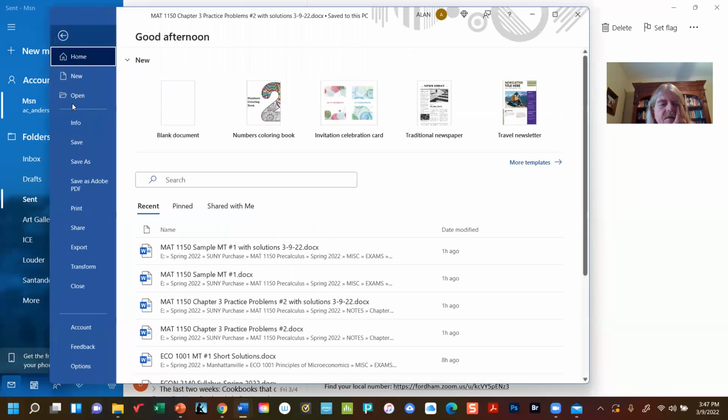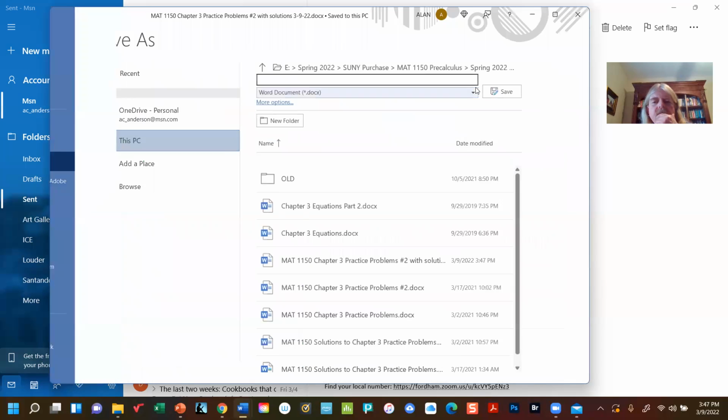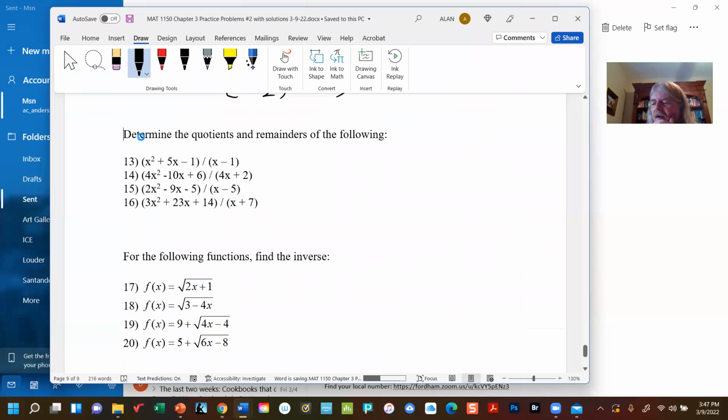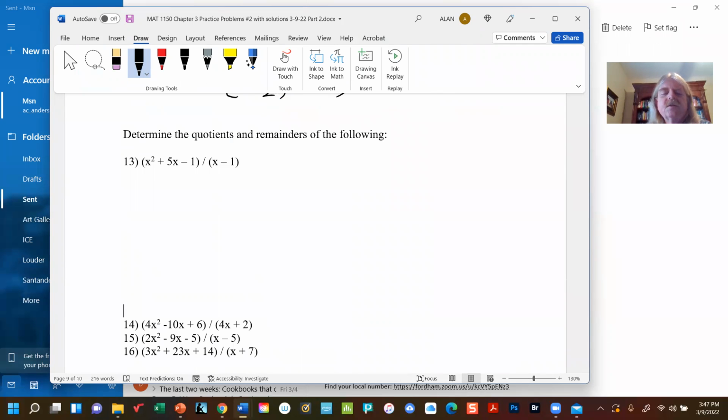So here's what I'm going to do, just to avoid any problems. I'm going to create a new document. I just want to split this up into 2 documents, just because if I run out of memory, it'll really be a nightmare. So let's use the rest of these in a separate document.